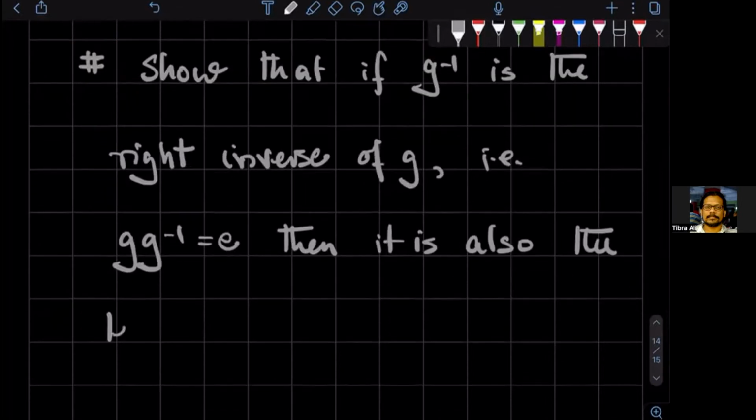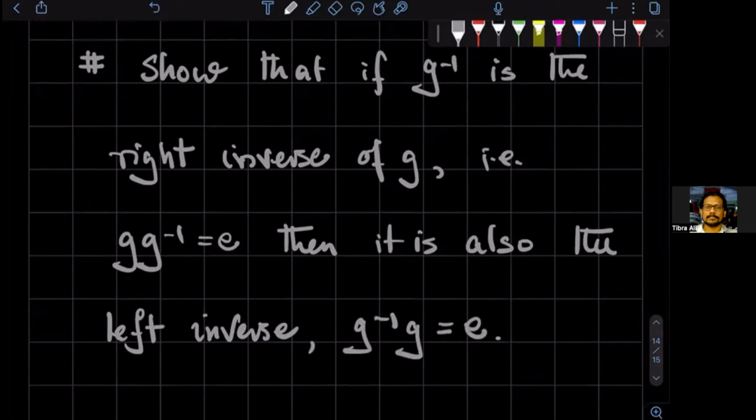So G inverse G is then E. Okay, show this.